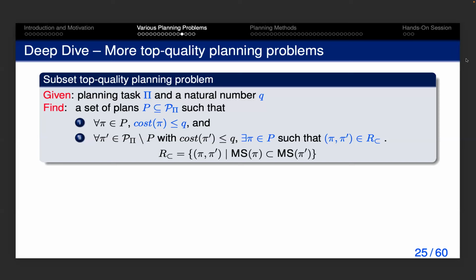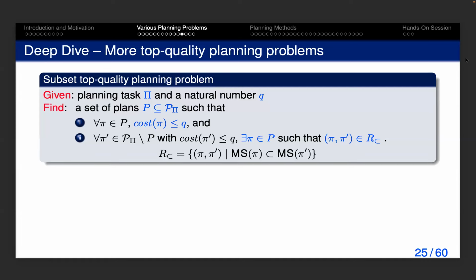But here it's not an equivalence relation anymore, right? So the relation between these two plans is a dominance relation. So then the corresponding computational problem would be: given a planning task and a natural number Q, find a set of plans such that, first of all, the plans must be under the cost bound, and second, for all the plans that are not in the found set, there is a plan in the found set that dominates them.